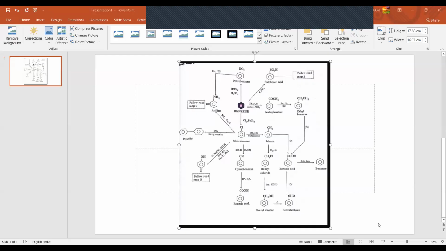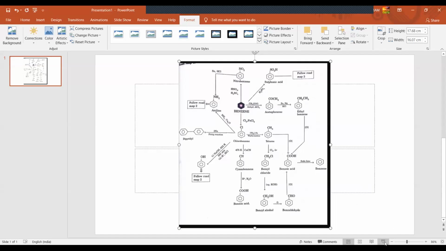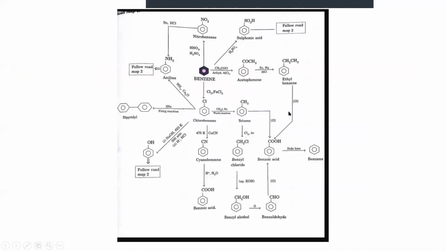See this flow chart for aromatic conversion. Next, what we are going to discuss is another aromatic conversion.